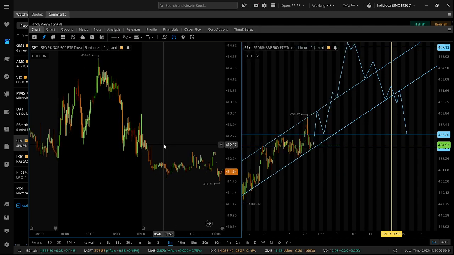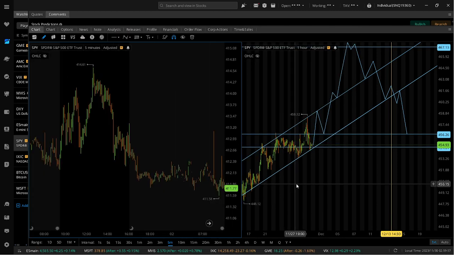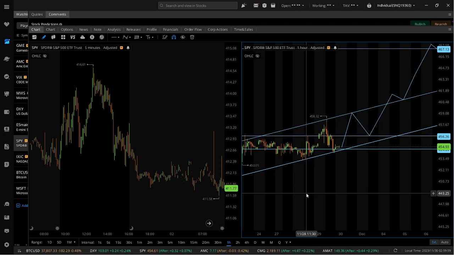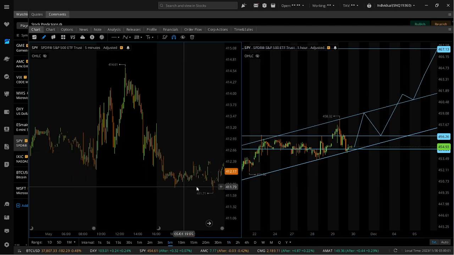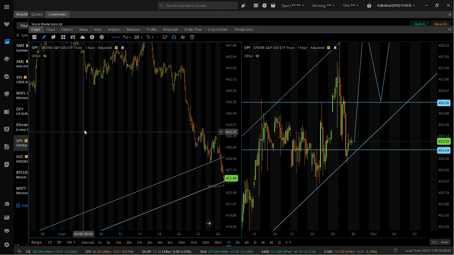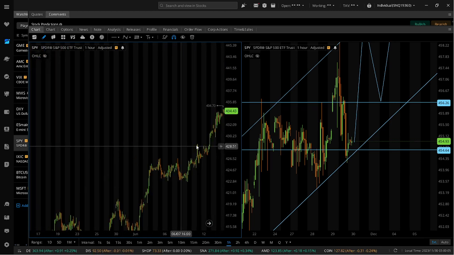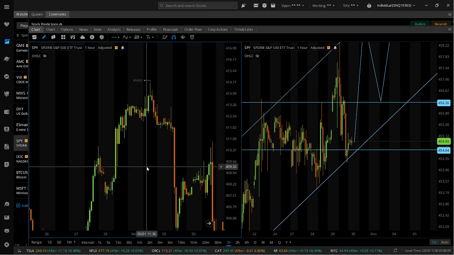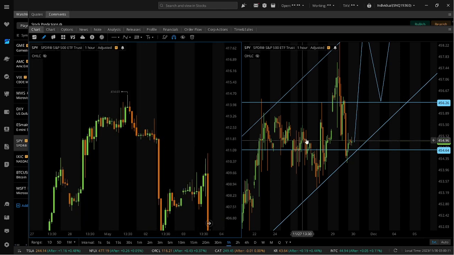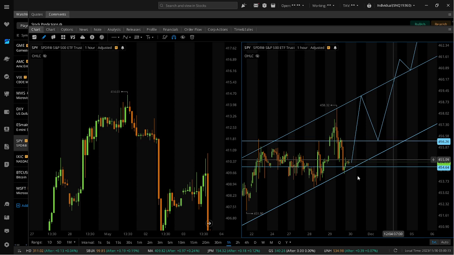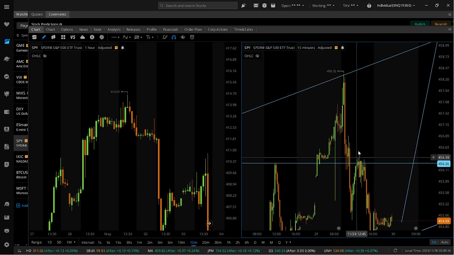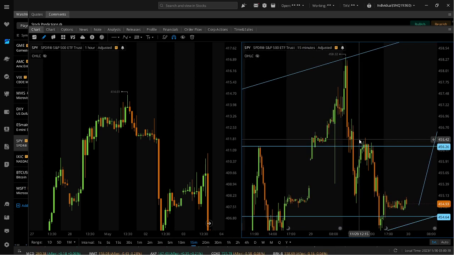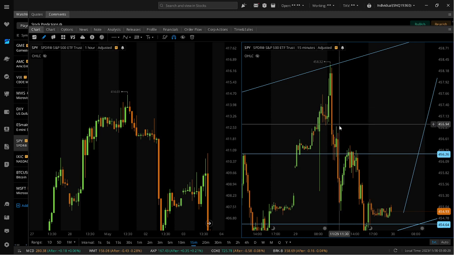But what really scared me today, because today looked like a top in my opinion. If we zoom out a little bit more and look at this top structure, do you see how curvy it looks at the top? I thought that this top was the top.